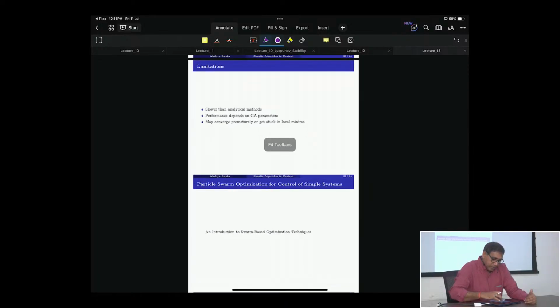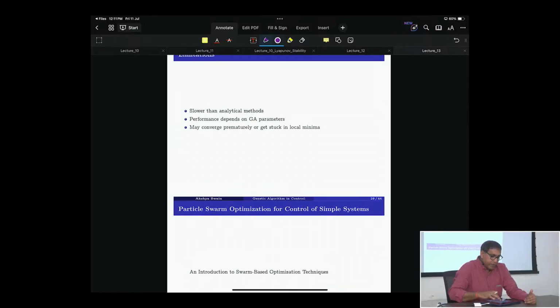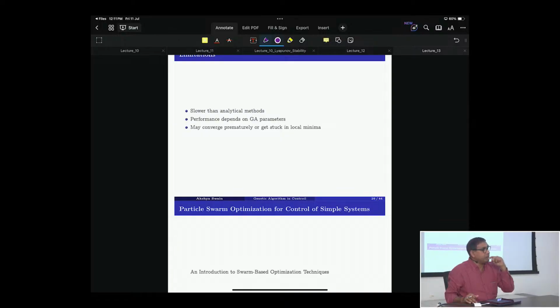So similarly, for system identification also, theta 1, theta 2, theta 3, right? You generate chromosomes for theta, okay? Then for each value of theta 1, theta 2, theta 3, you decode it, then multiply it and find out the error, which one is the best.